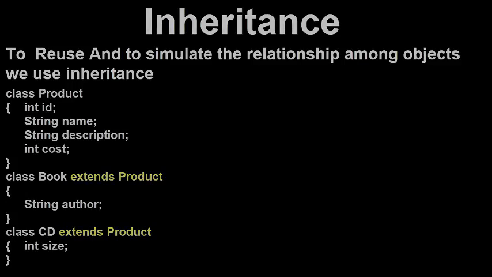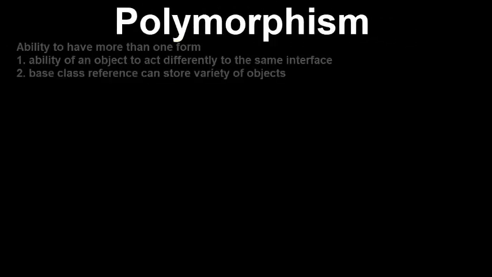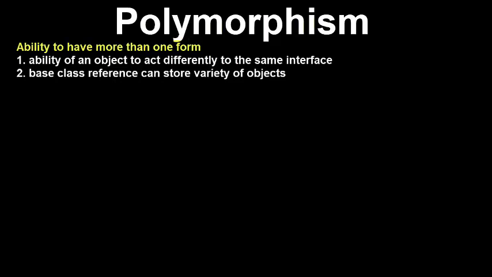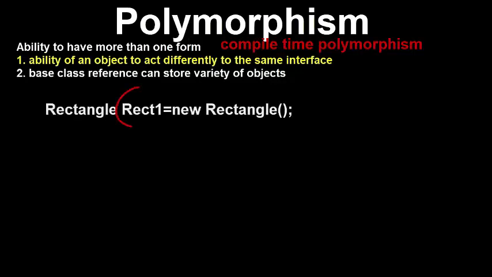The next feature of OOPS is polymorphism, which means the ability to have more than one form. Poly means many, morph means forms. This feature is divided into two parts, compile time polymorphism and runtime polymorphism. In compile time polymorphism, a single object acts differently at different times. For example, here we have a class rectangle with object rect1.